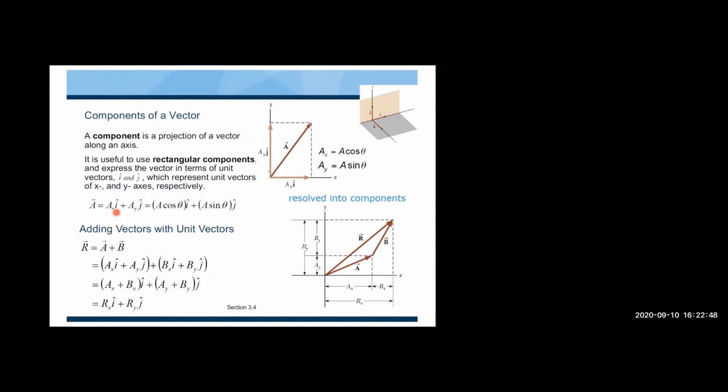This I vector has a property that it has a length of 1, and it points along the x-axis direction. And then plus AY J vector. J vector is having the property that it points in the y direction and has a length of 1. So these are what we call unit vectors.